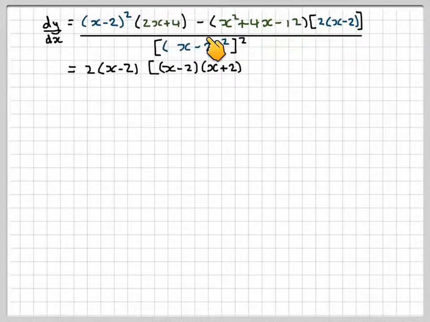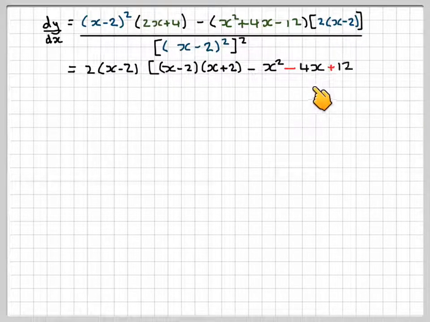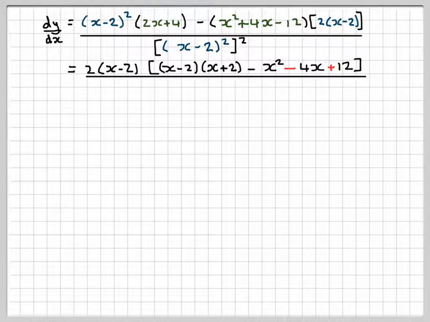Now this is where we have to be careful. This bit's gone, but now we have to be careful. We're going to have minus x squared minus 4x plus 12 when we take that minus sign into that bracket. All over (x minus 2) now to the power of 4. The rule of indices is you multiply the powers. Now obviously an x minus 2 and an x minus 2 will cancel. So we now just got power of 3.